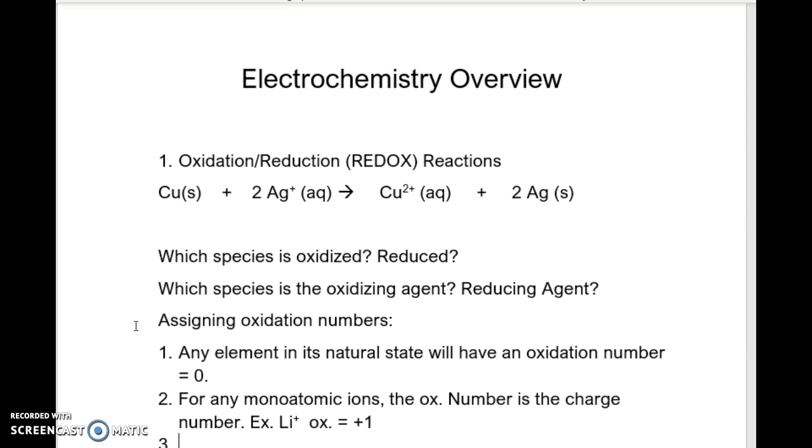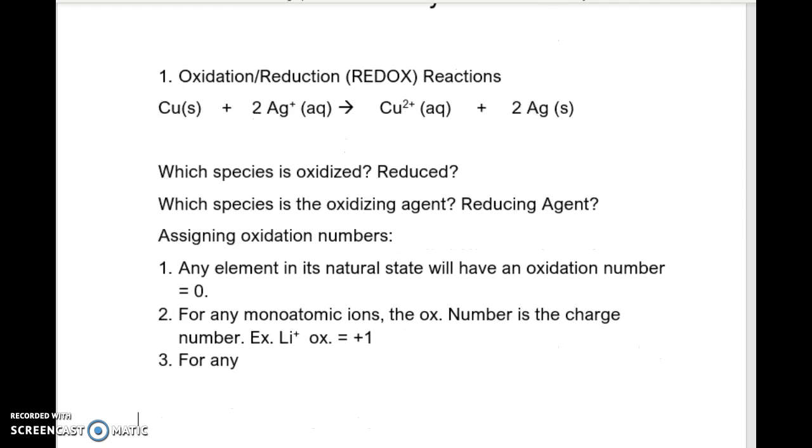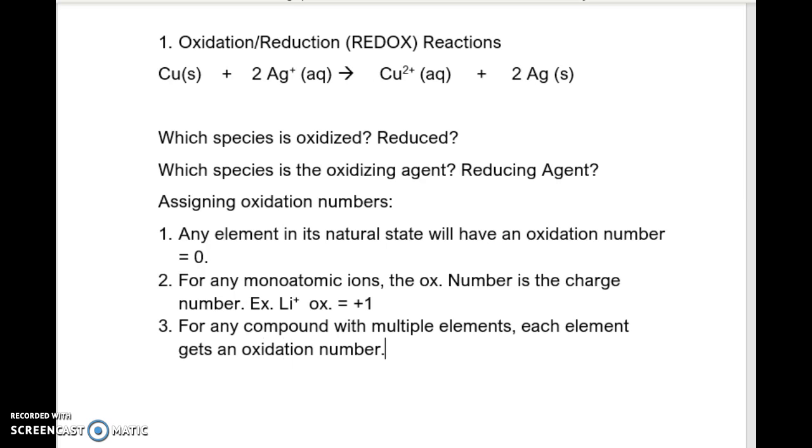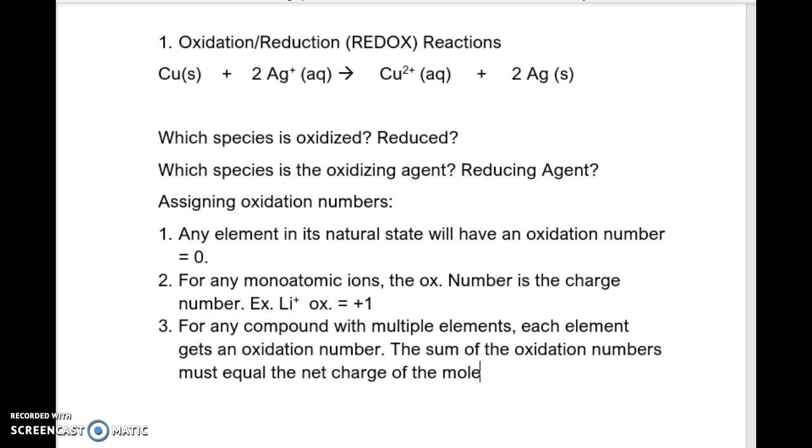And remember that for any compound with multiple elements, each element gets an oxidation number. The sum of the oxidation numbers must equal the net charge of the molecule.